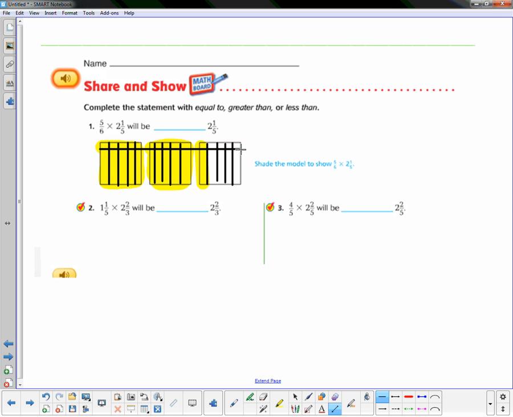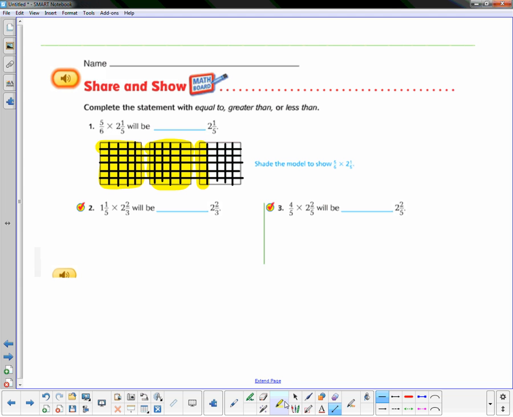I'm just going to go straight across. 1, 2, 3, 4, 5. You have to be very careful when you get to a part like this, because you may even need to do it with a ruler, so you've got the straight lines and it doesn't get complicated.